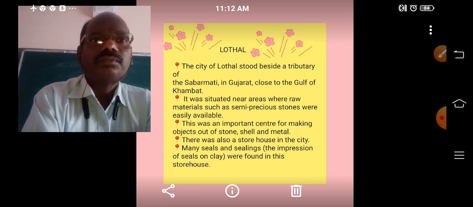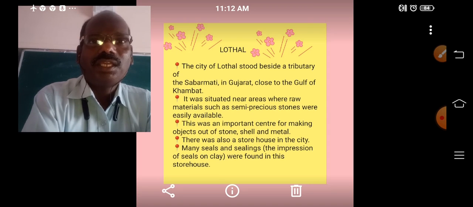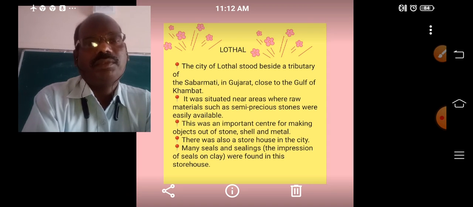It was situated near an area where raw materials were available, especially precious and semi-precious stones. Mainly semi-precious stones were the most commonly available raw material there. So this city may have been one of the industrial cities of that period.